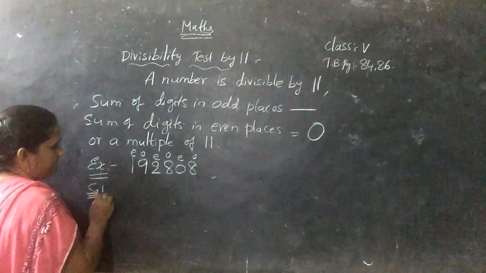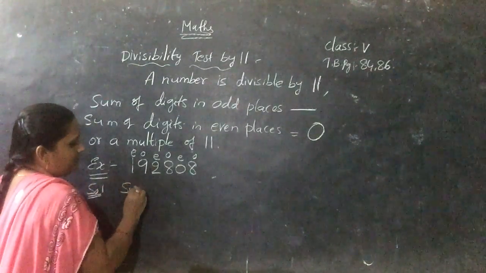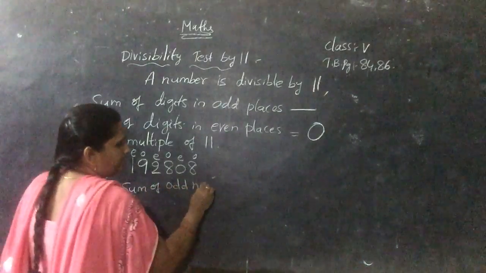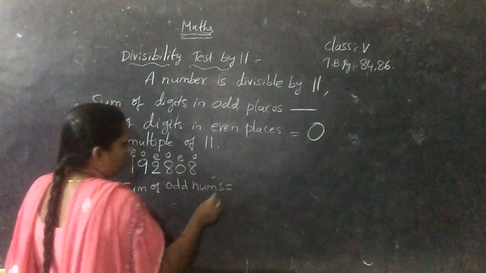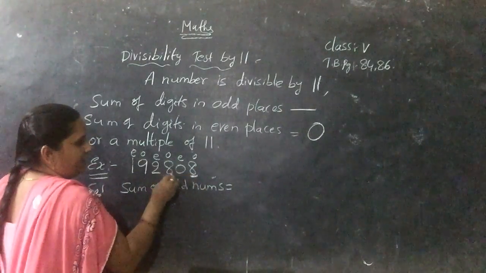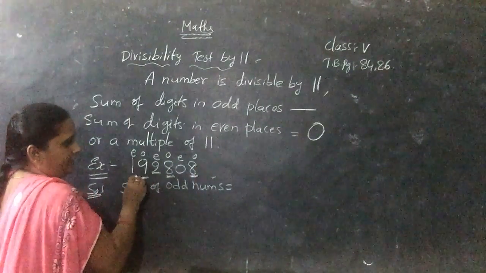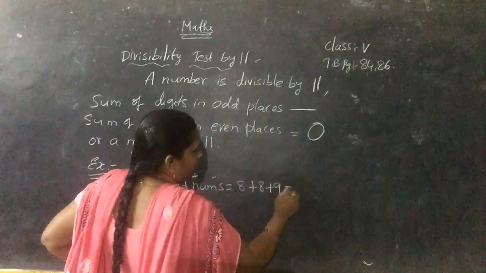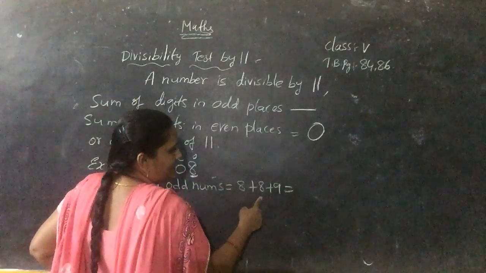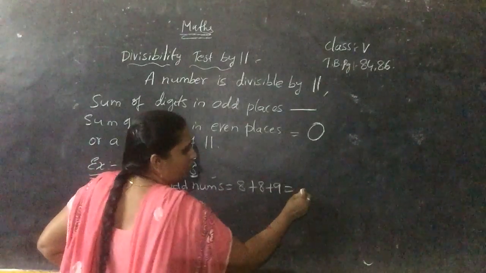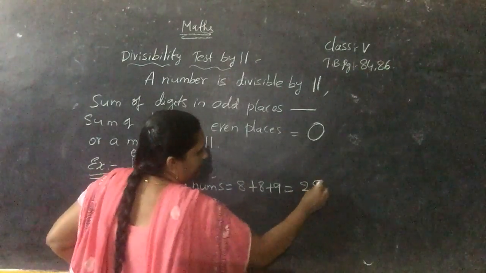Now write all the odd numbers. Solution: sum of odd places is equal to, what are the numbers in odd places children? 8, 8, 9. So 8 plus 8 plus 9. Add this one. 8 plus 8 is equal to 16. 16 plus 9 is equal to 25.